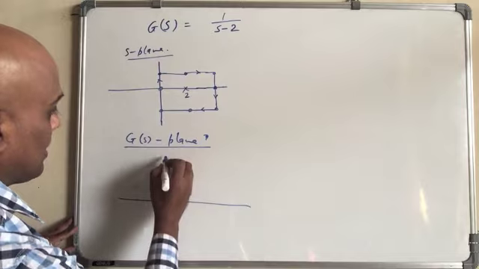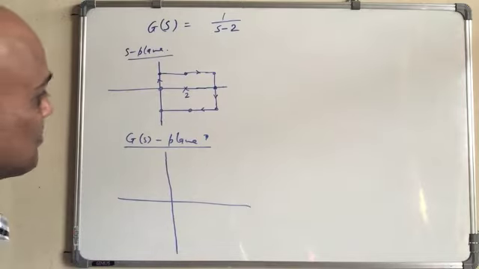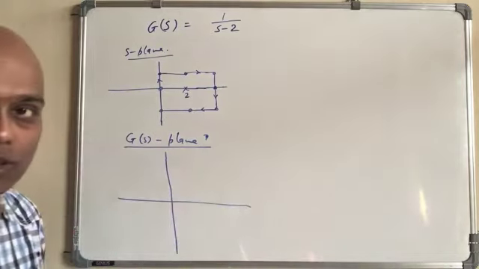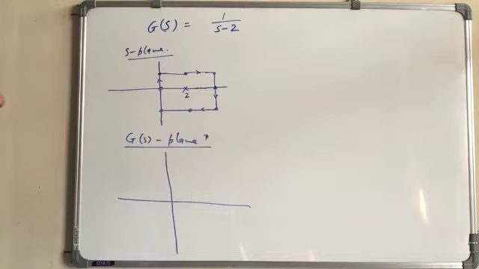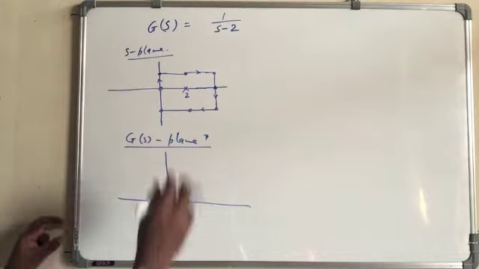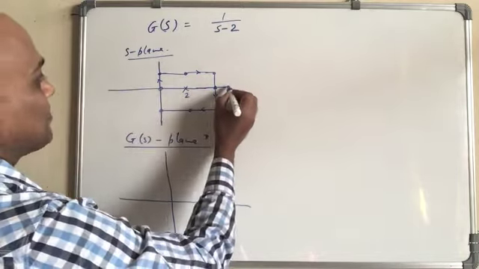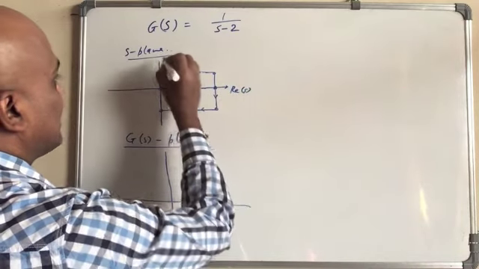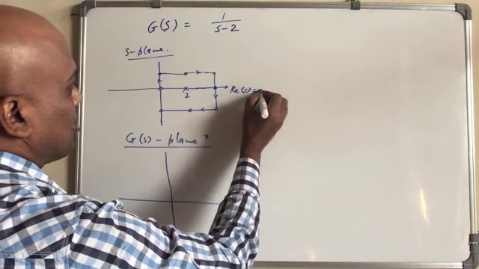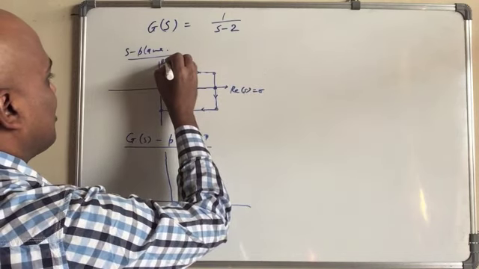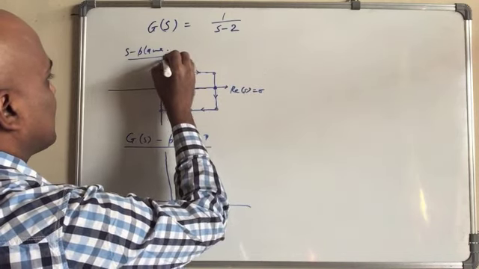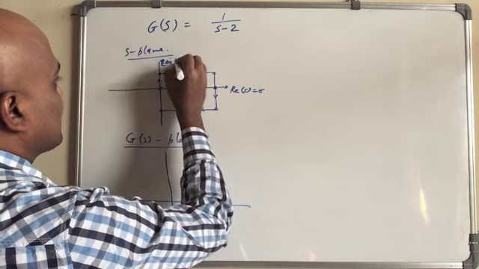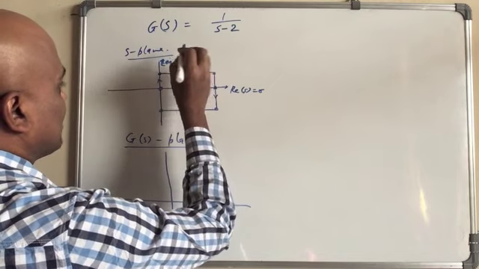Now we have to get the values so that we can plot it here. We have the real of S this side, which is called sigma, and the imaginary of S, which is omega, right?